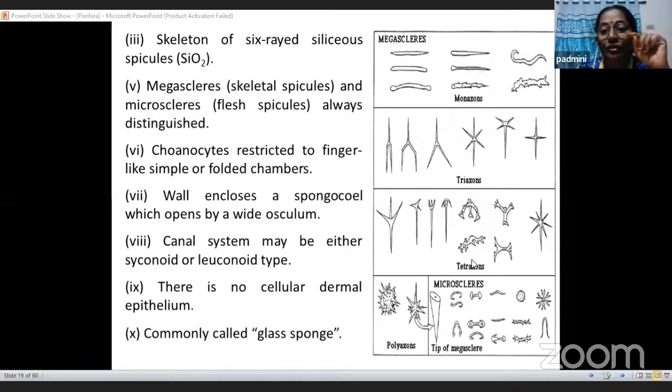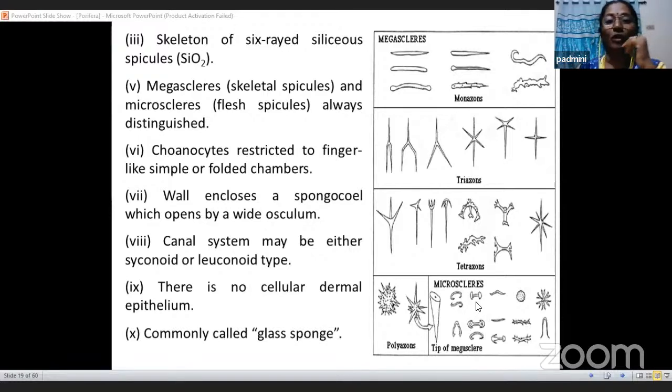And tetraxon. Tetra means 4. 1, 2, 3, and 4. So 4 spicules you find, so they are termed tetraxon. Polyaxon, if they have many rays, then they are called poly. Poly means many. All these are megasclers, whereas these tiny ones without any definite shape are called microsclers.